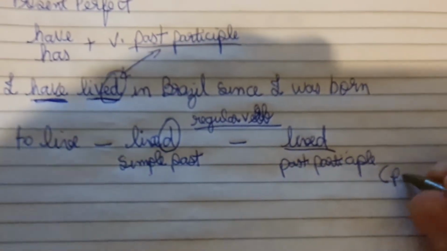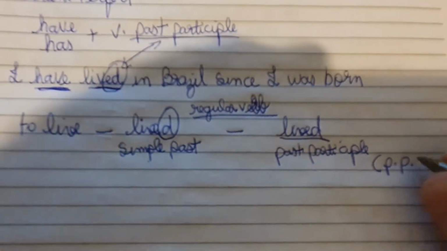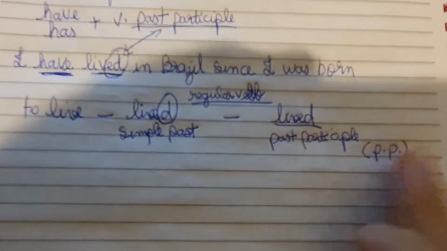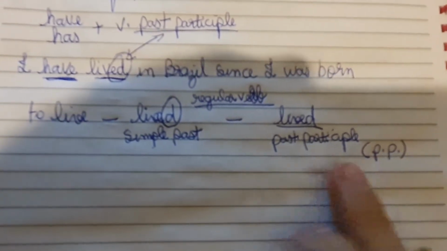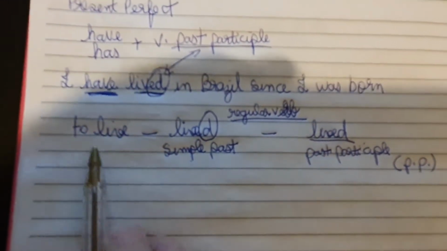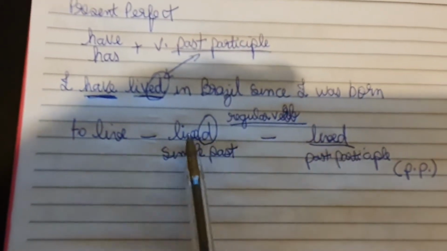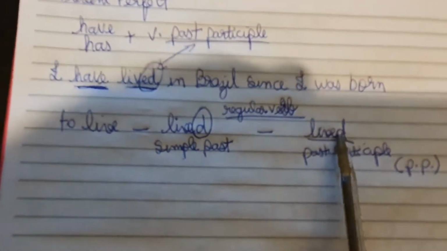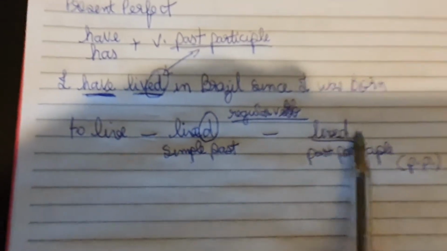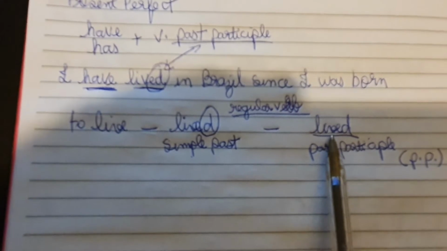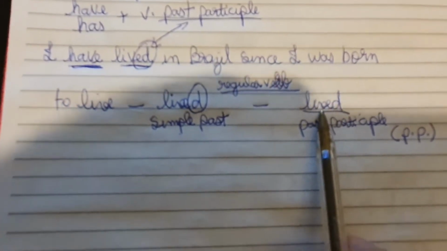Okay, from now on, I will be referring to the past participle as P.P., okay? It's an abbreviation. So, live, lived, lived, right? The past is lived, the past participle is lived. Yeah, and you must ask yourselves, oh, so all the verbs are easy like this to memorize? I just have to add the d?